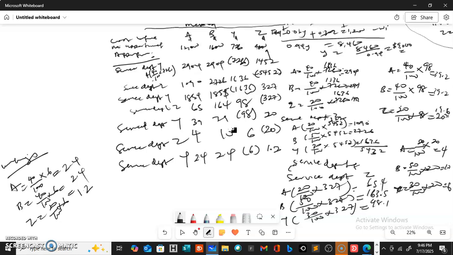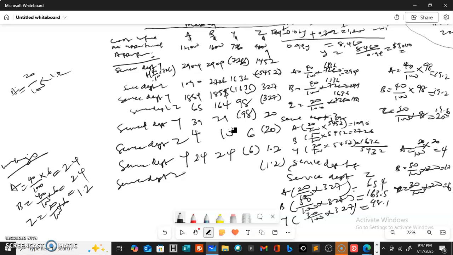So we can go on and apportion the 1.2 again. Let us do that for the last time, so we can call it a day. We have 1.2 to apportion, which is service department Z. For A, we have 20 all over 100 multiplied by 1.2.